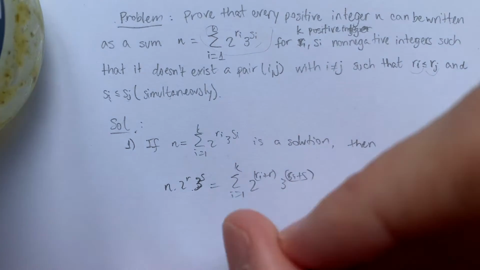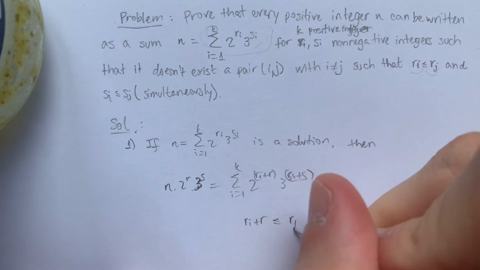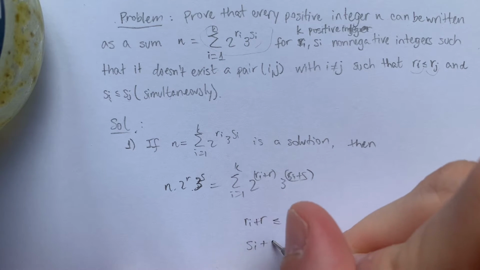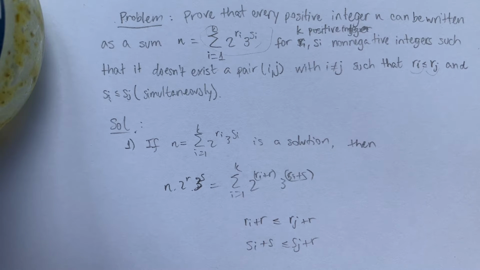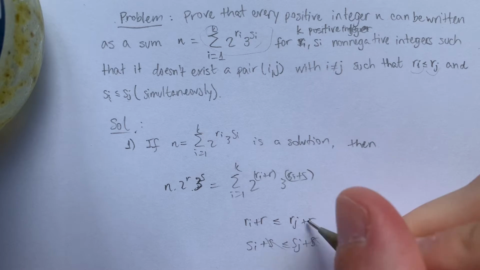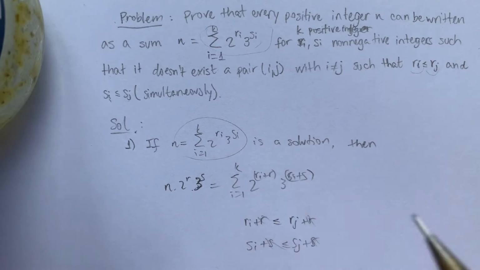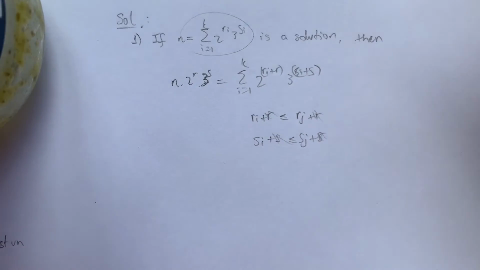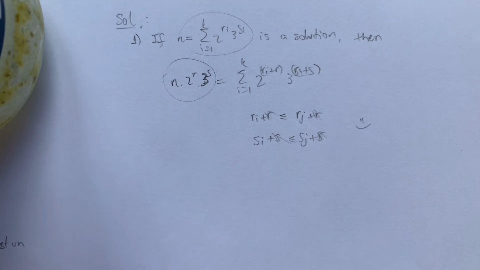Of course, ri plus r smaller than rj plus r, and the same for s, can only happen simultaneously if the same happened for the previous numbers, which we know by construction doesn't happen. So we construct a solution for the new number this way.